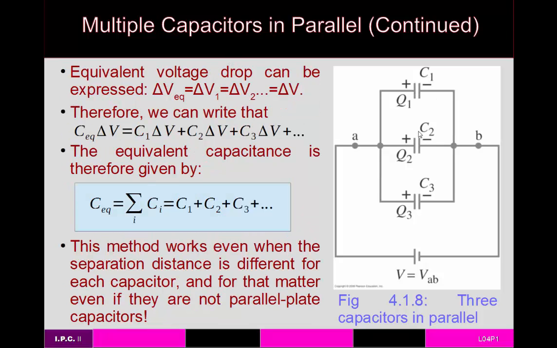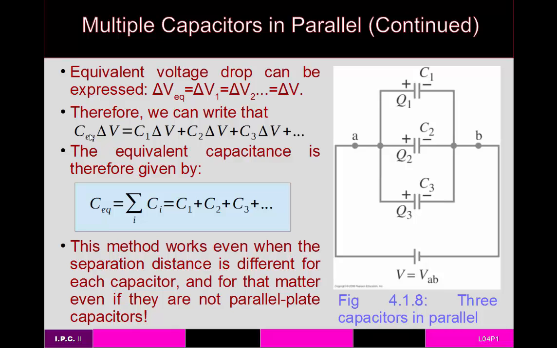Since the voltage drop is the same across every one of the capacitors that are in parallel, we can write that delta V equivalent, the equivalent voltage drop, is equal to delta V1, the voltage drop across capacitor 1, which equals the voltage drop across capacitor 2, which equals the voltage drop across capacitor 3, and so on.